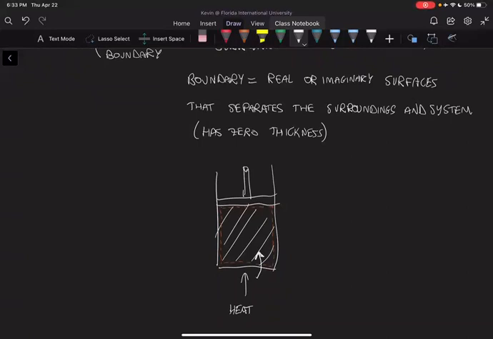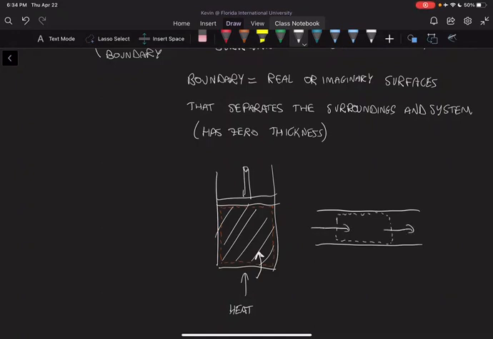So the heat is coming from the surroundings, and the heat from the surroundings can heat up the inside of our system. Okay, so we have something going across the boundary. Just like in our pipe example, if we look at our control volume now, not our control mass, we have mass crossing the system.